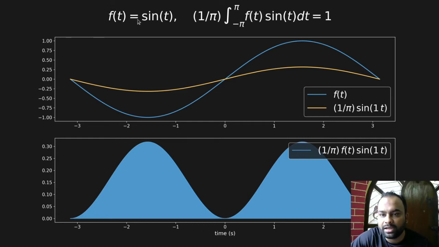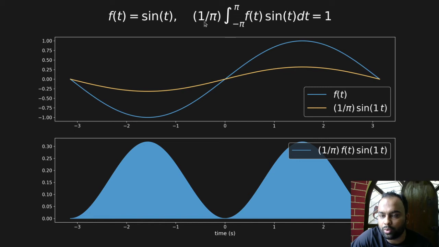So this is multiplication of ft or xt, whatever you want to call it, with sine t. We are integrating from -pi to pi. So if I do the integration from -pi to pi, it will simply be the area under this curve, right? And we have divided the area by pi. So this is the integration.